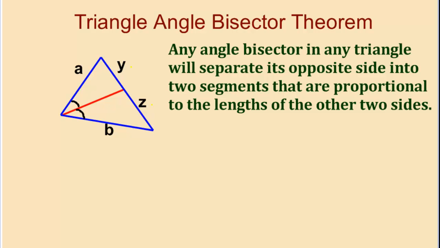But what we can claim due to the triangle angle bisector theorem is that taking Y and dividing it by Z will give you the same result as taking A and dividing it by B. That's what they mean by segments that are proportional to the lengths of the other two sides.